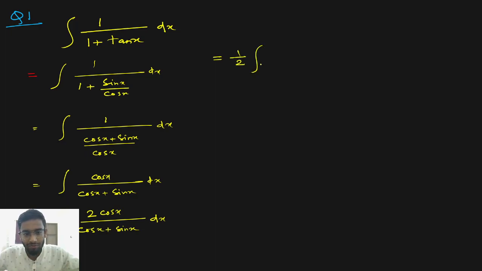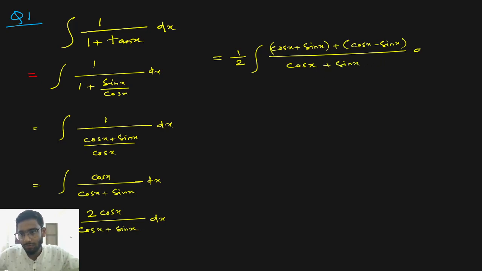If it is half, then 2 cos x can also be written as cos x plus sin x, then plus cos x minus sin x. If you calculate this numerator, you will get 2 cos x in numerator, and in denominator it is cos x plus sin x dx.